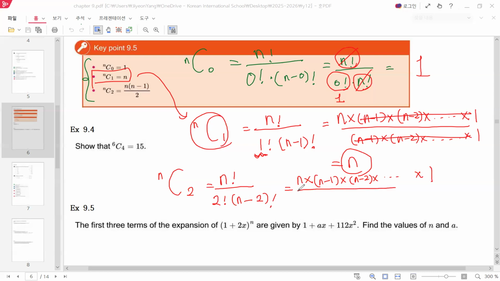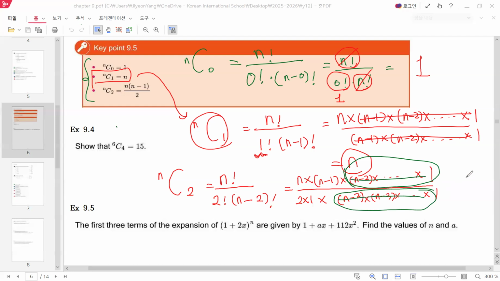Divided by 2 factorial, which is 2 times 1, and n minus 2 factorial, which is n minus 2 times n minus 3 times dot dot dot times 1. Again, as you can see, they are the same so that you can cancel everything here. So what is left is just n times n minus 1 divided by 2.